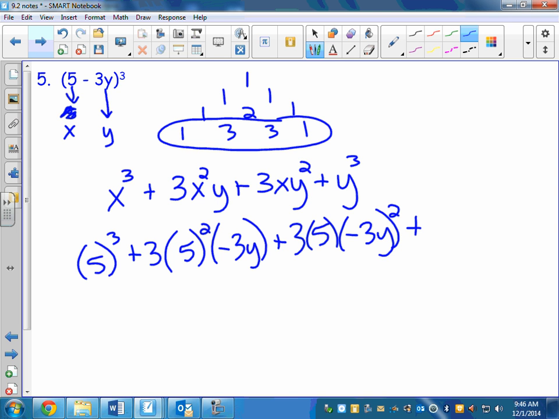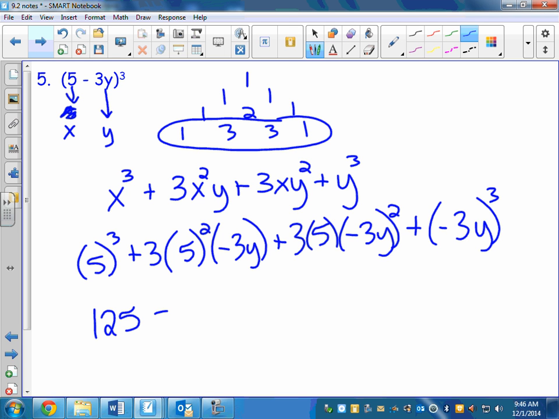Watch your signs as you do this, especially with the negative in there. That's why I think it's not such a bad idea to actually show me the step that you plug stuff in the right way, and then if you made a mistake, it's just a multiplying mistake. 5 to the 3rd is 125. This one's going to be negative 25 times 9 is 225.